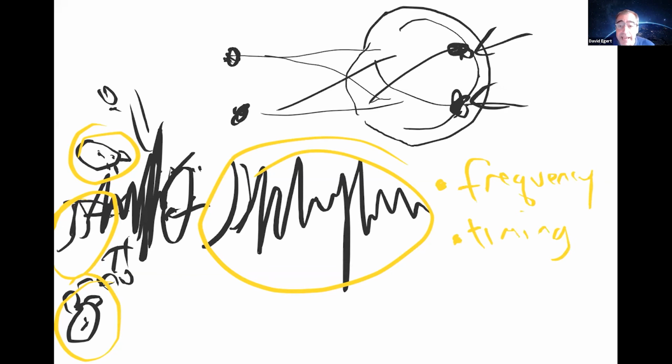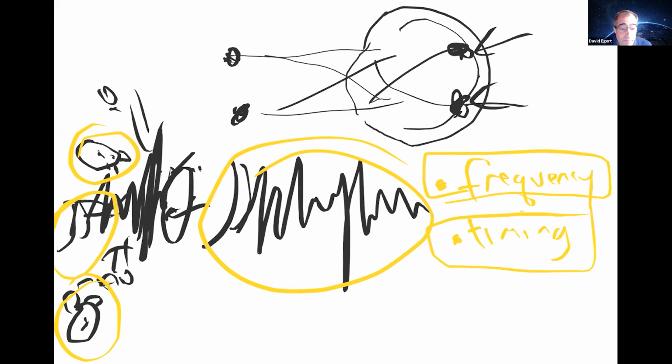For mechanically tuned resonances like this, the purer the tone, the worse my timing information is. You kind of get lost. You know what the pitch is, but you don't even know when it started or stopped, because it just keeps vibrating. Your ear has much more advanced filter or tuning properties where you can get very fine frequency information, and you can also know when the sound started and stopped.